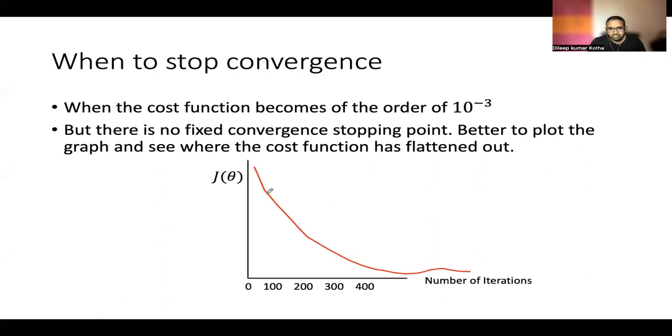But if the gradient descent code we have written is wrong, it might result in the cost function going like this, or going like this. So plotting this graph helps us in two ways. One is to find the stopping point of convergence. The second one is to check whether the gradient descent algorithm which we have implemented is correct or not.